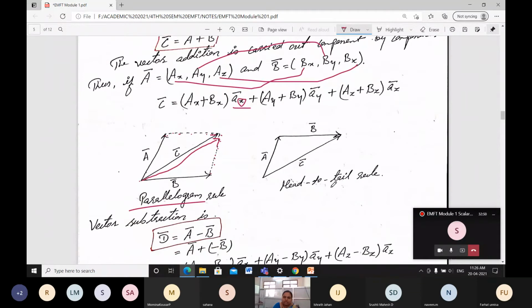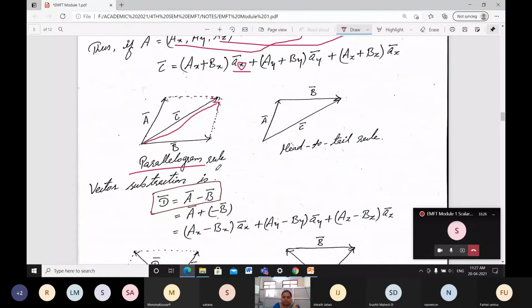One more is the head to tail rule. From vector A, taking it from tail to head, then again from head to tail with vector B bar, the resultant will come as C bar, from the tail of A to the head of B. Which one is easy for you, you can go with that method.